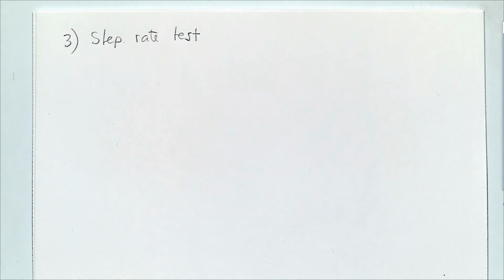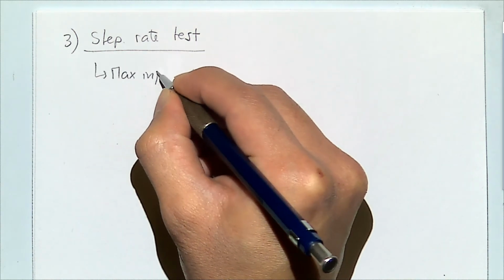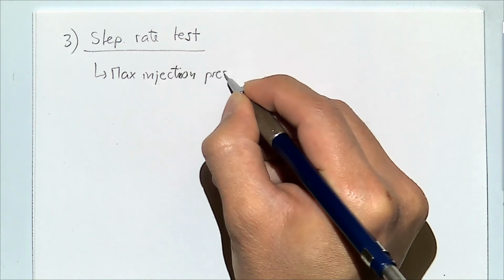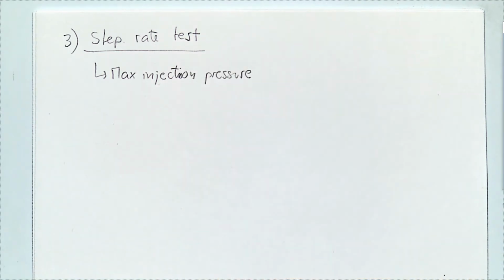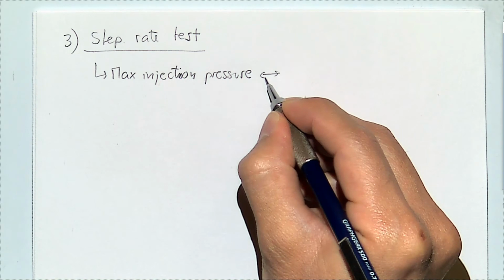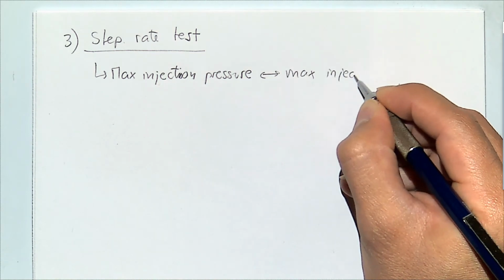In the step rate test, the objective is to find the maximum injection pressure without fracturing the wellbore. And also when you find the maximum injection pressure, usually that will be related to a maximum injection rate.